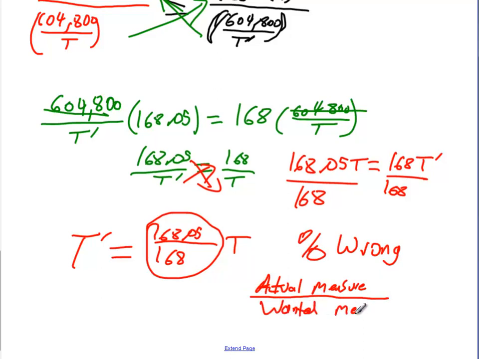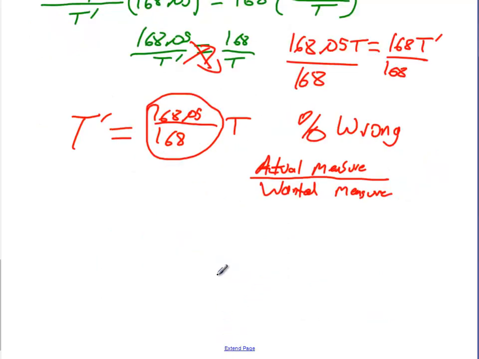We wanted it to be 168 revolutions times the period. So we could have skipped a whole bunch of math if we just knew that equation. We could have just said, well, in a week it's this many minutes and it measured this many minutes. I'll show you what I mean in just a second.